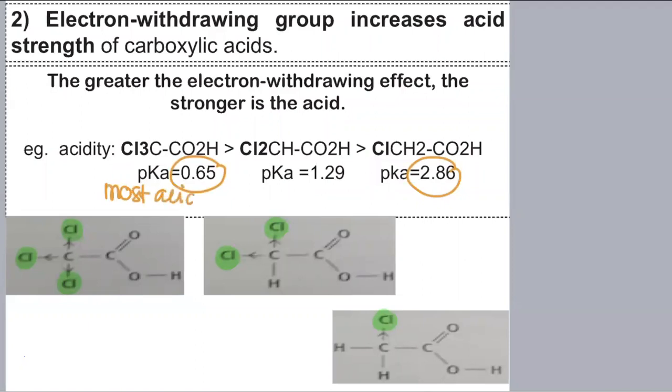So in this case, trichloro is the most acidic, and the chloroethanoic acid is the least acidic. The reason for that? I hope you can see that there are 3 groups that can withdraw your negativity, so a bigger pulling effect on your negativity.